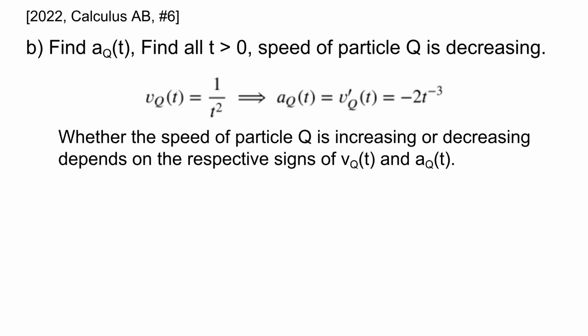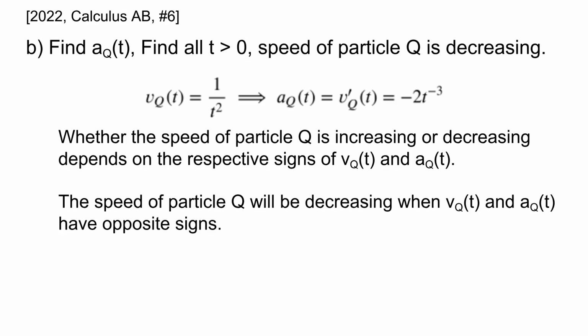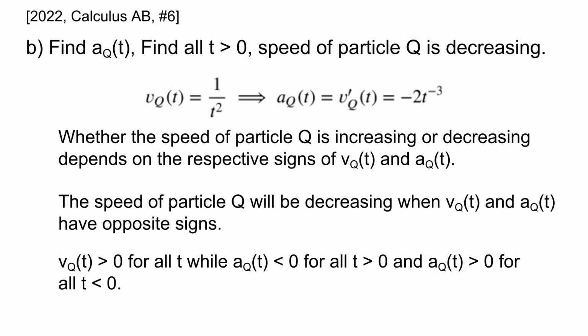Whether the speed of particle q is increasing or decreasing is going to depend on the respective signs of v sub q of t and a sub q of t. The speed of particle q will be decreasing when v sub q of t and a sub q of t have opposite signs. One thing to note is that by definition, v sub q of t is never going to be less than 0.